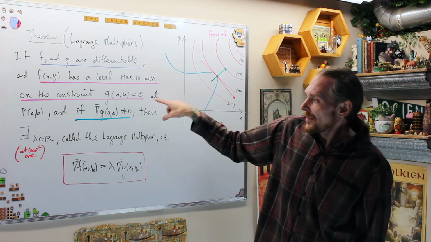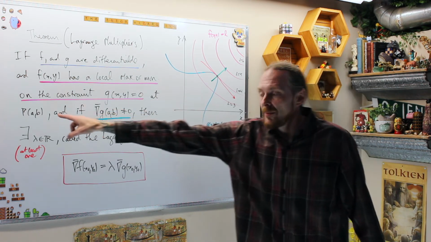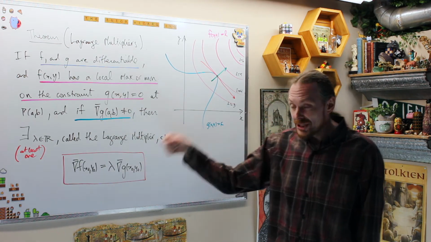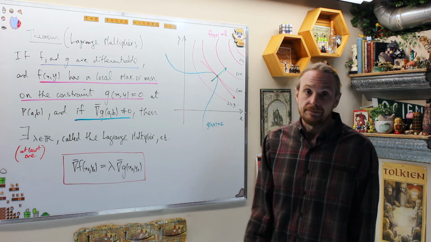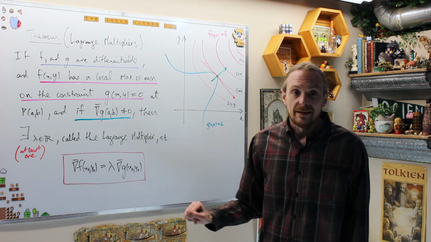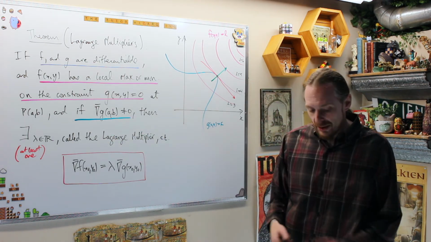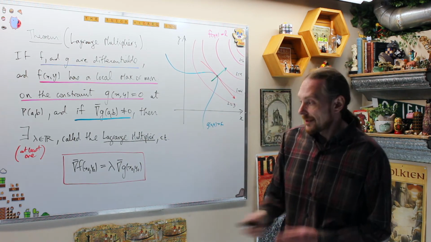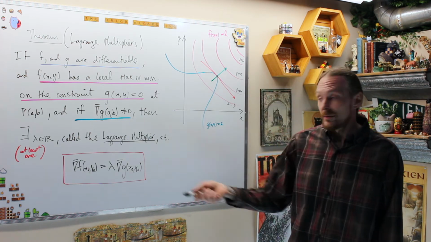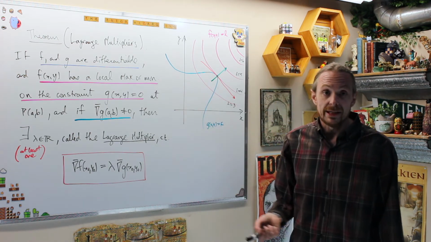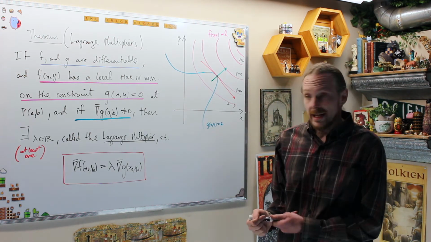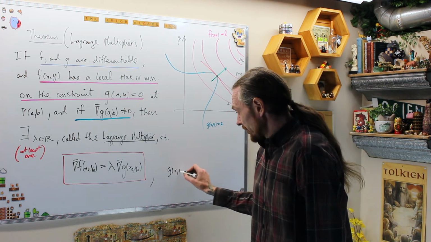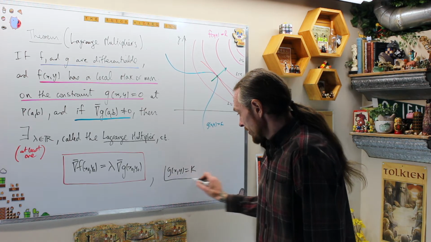If that happens at a point a, b, and if the gradient of g is not 0 at a, b, then there always exists a Lagrange multiplier, lambda, such that the gradient of f is equal to a multiple of the gradient of g. And we also have the extra constraint that g of x, y will equal k.